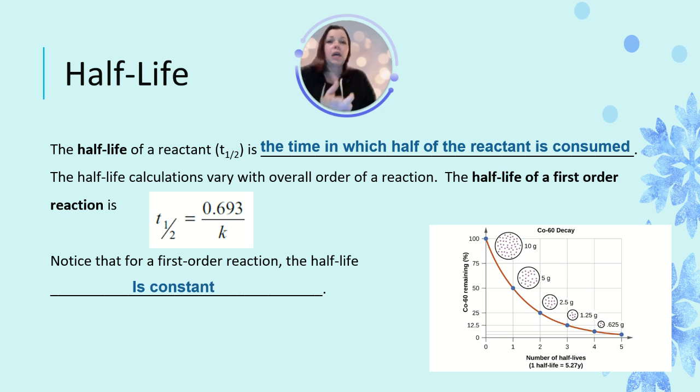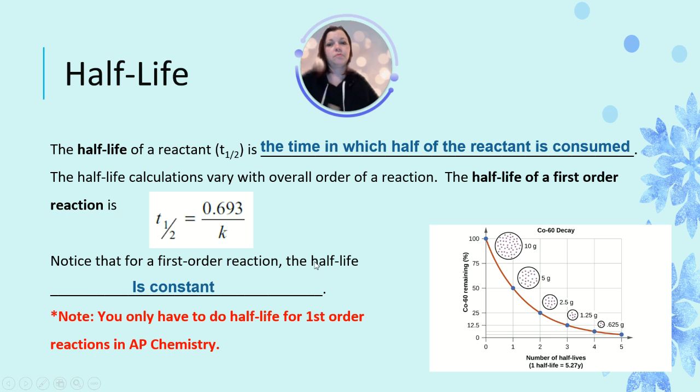If you cannot look at a graph and determine if it is first order, if you don't have a study of initial rates to determine if it's first order, you can look at half-life. And if you know that the half-life is constant, then you can identify that it is first order.